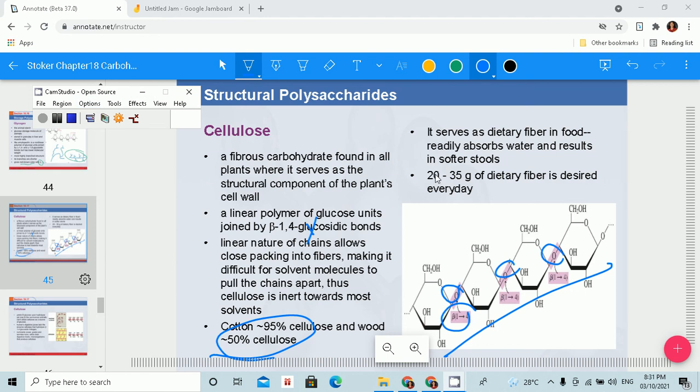Okay, so our cellulose is rich in fibers. The fibers act as a meshwork, so it acts as a net, and it attracts the toxins in your body.